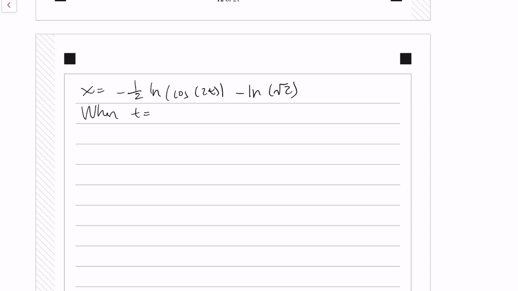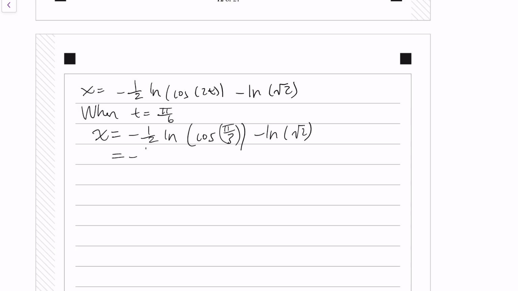So when t is equal to pi over 6, and remember this is a tech-free paper, so all the calculations should be fairly simple. x equals negative half ln cos 2 times pi over 6, which is pi over 3, minus ln square root of 2.